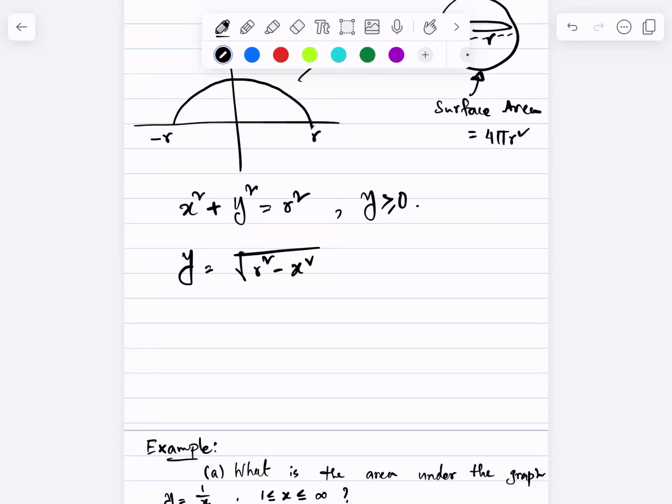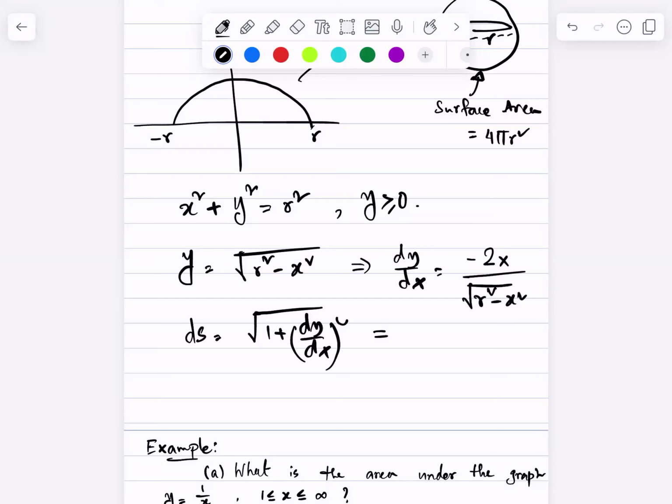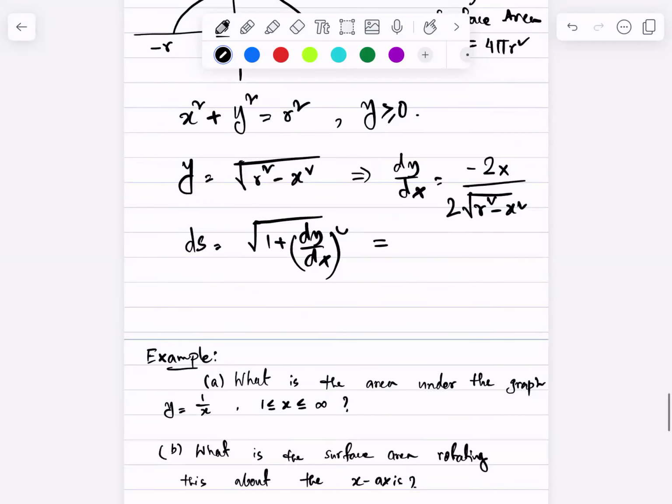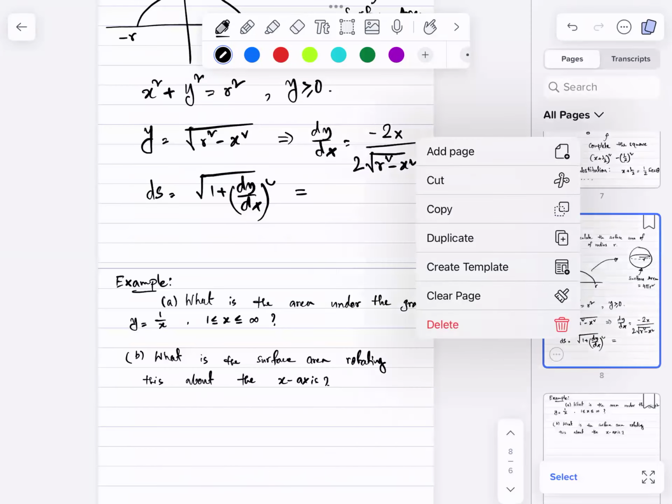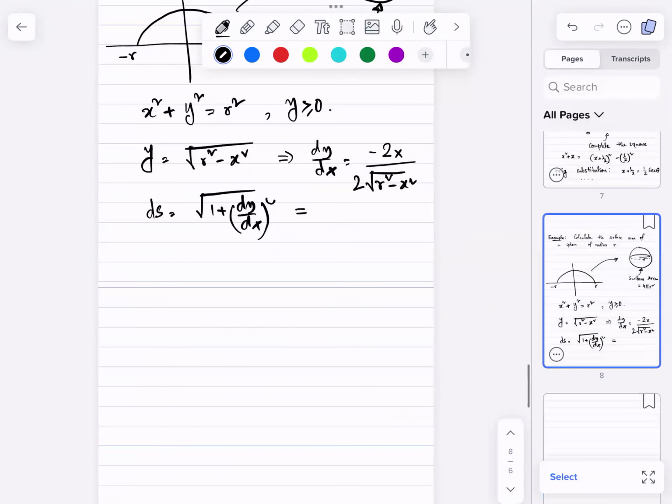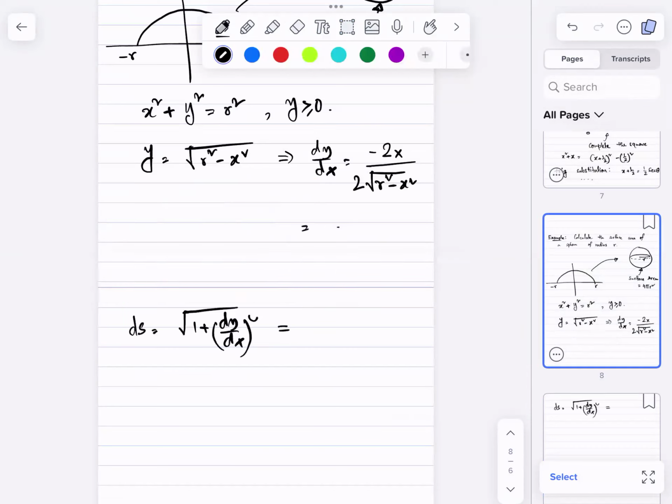Now ds is the square root of 1 plus (dy over dx) squared. If you calculate dy over dx from there, you'll get minus 2x over 2 times the square root of r squared minus x squared. So again, I need some blank page to add. Then this is just minus x over the square root of r squared minus x squared.